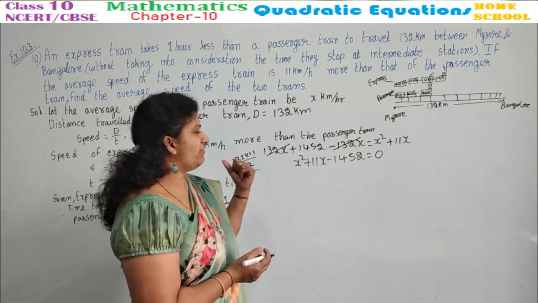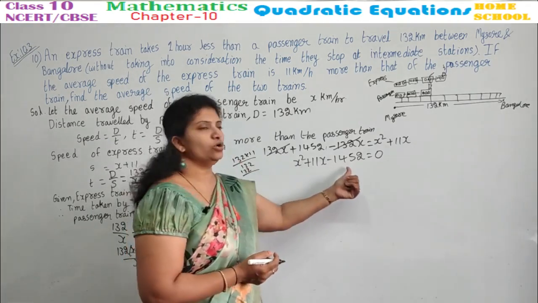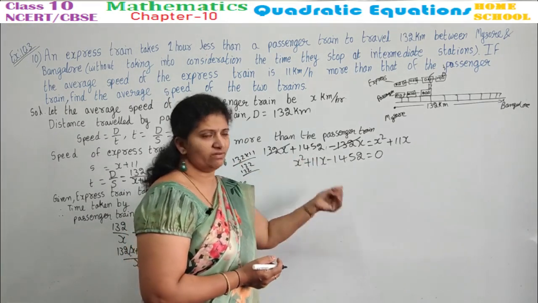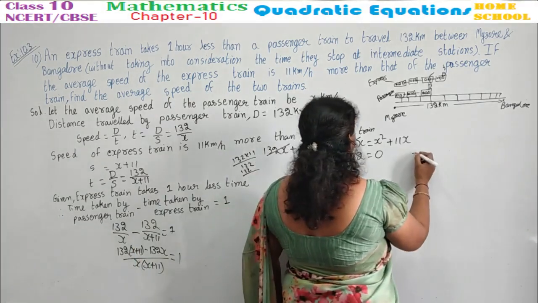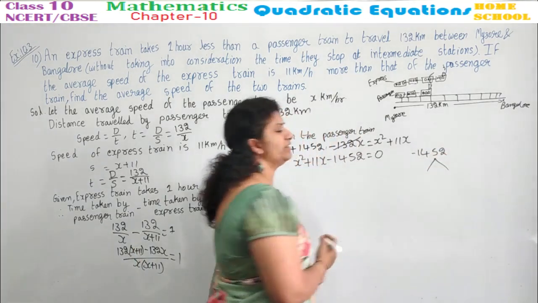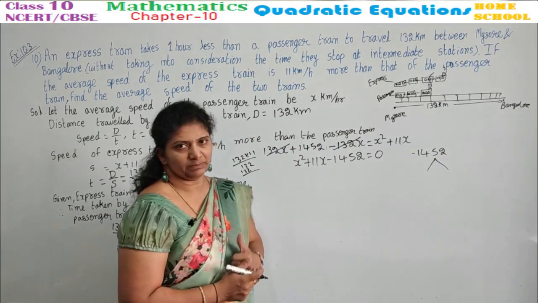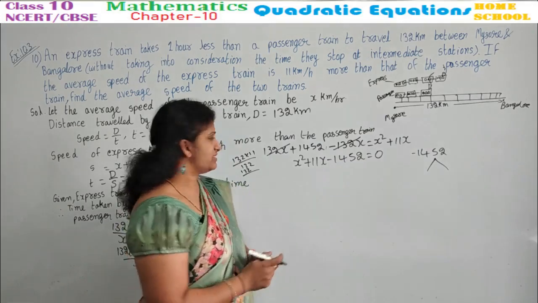Right? Now how to factorize? I go with the factorization method. 1 into 1452, that will be 1452. You have a negative sign, so write that, and now find the factors for that term and split the middle term. How can I find factors here?